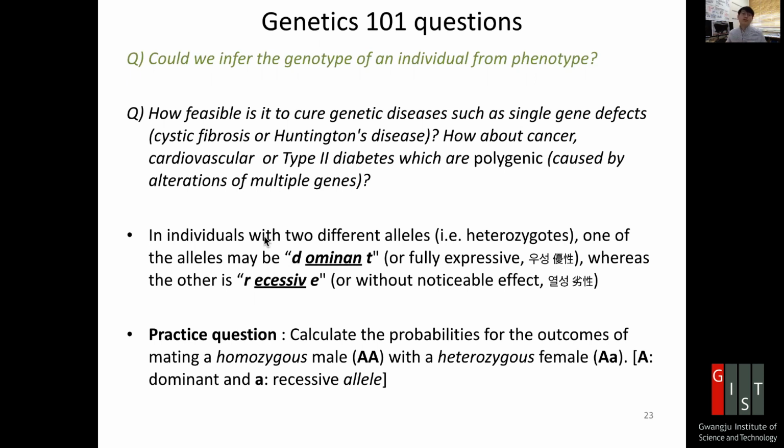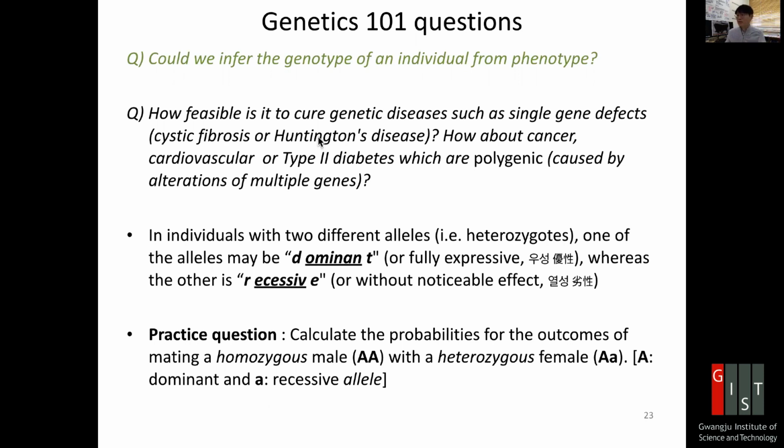So all of this leads us to the question: why do we study this? Because many diseases are related to our genes. There are genetic diseases, such as single gene defects. I told you about cystic fibrosis, which affects the CFTR gene, and Huntington's disease. Still, we cannot cure these individuals.